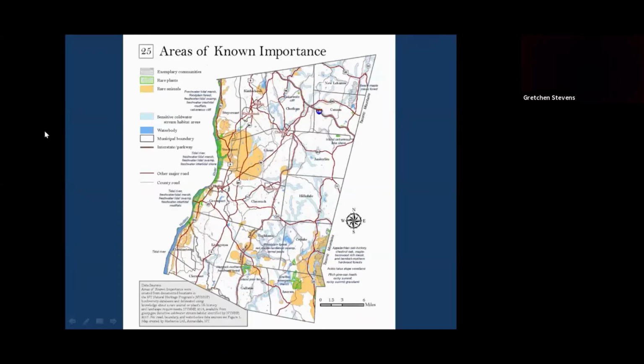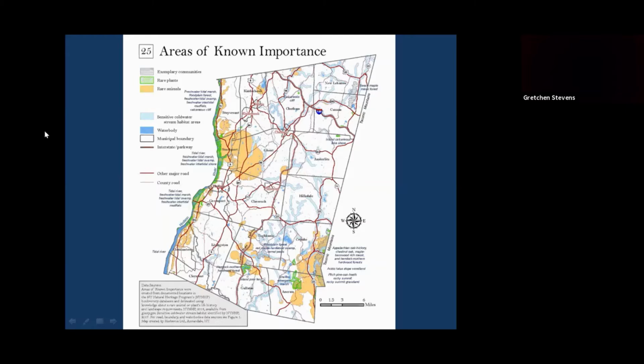This map shows what are called the areas of known importance identified by the New York Natural Heritage Program. These include the known locations of rare plants, rare animals, and exemplary ecological communities, and the parts of the landscape deemed to be important for their continued persistence.